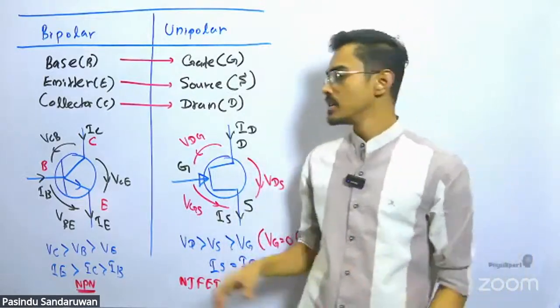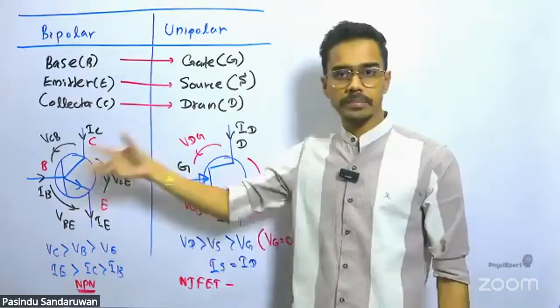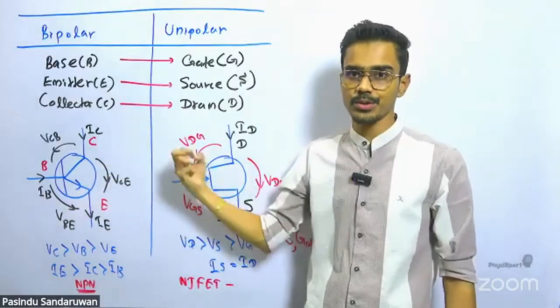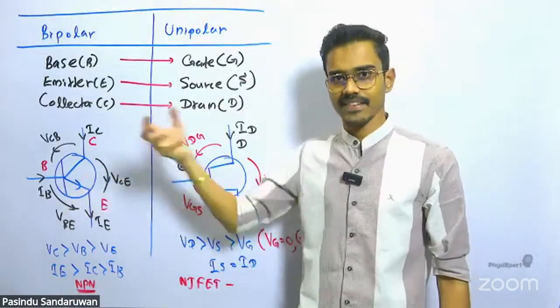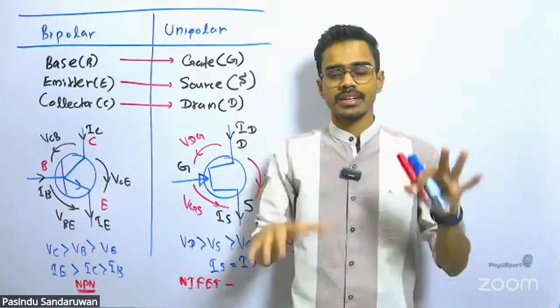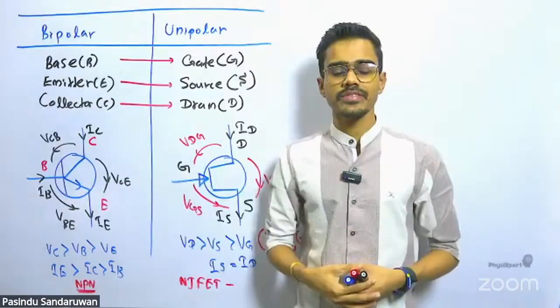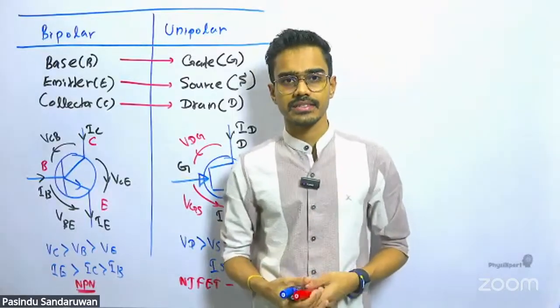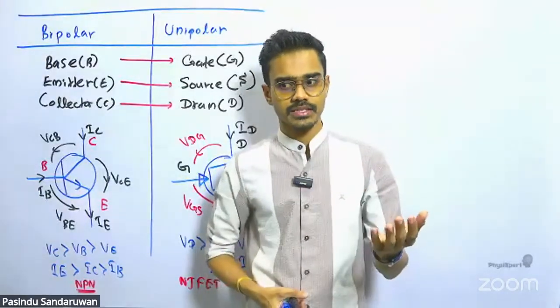Right. Alright. So as we compared N-channel to NPN, now I'm going to compare P-channel to PNP. Very easy when you compare. Don't take it as two different things. Not the case. That is comparative.